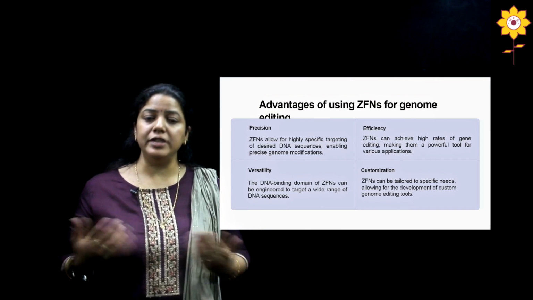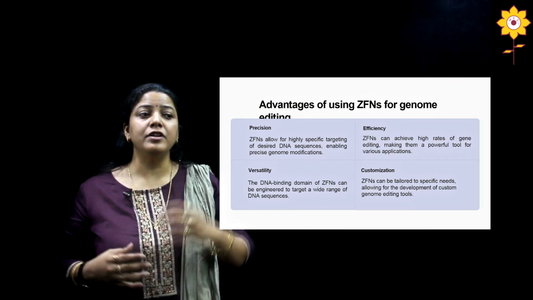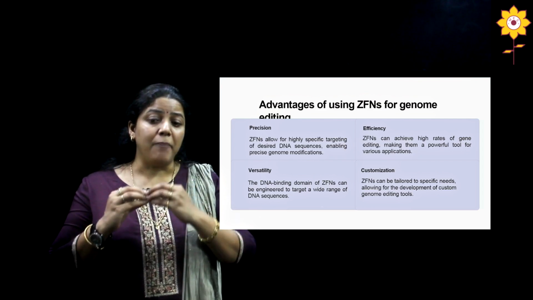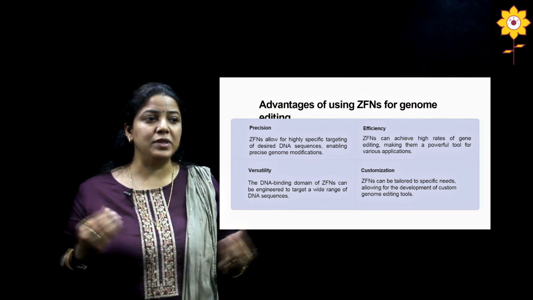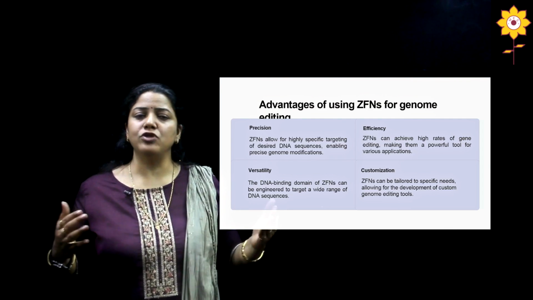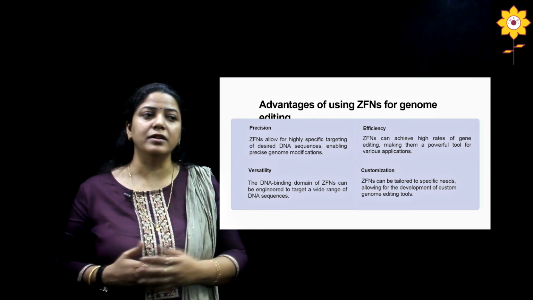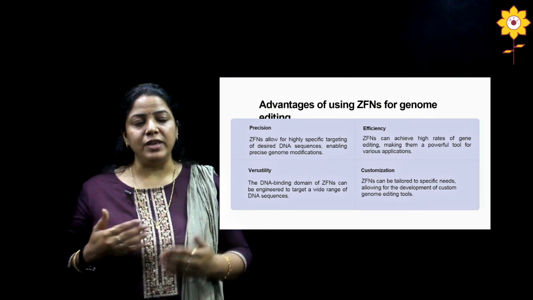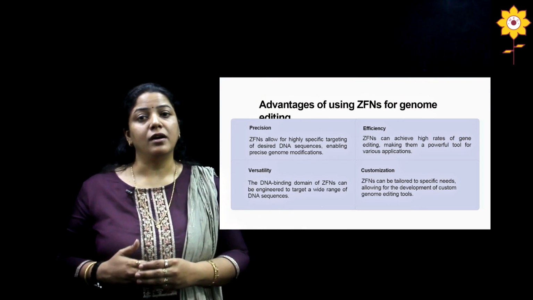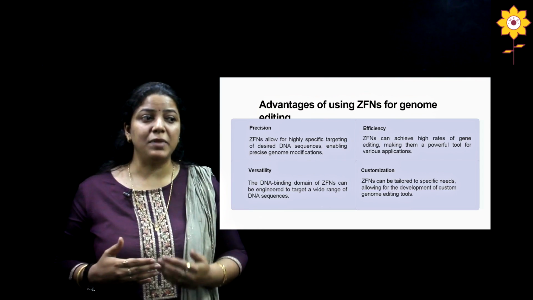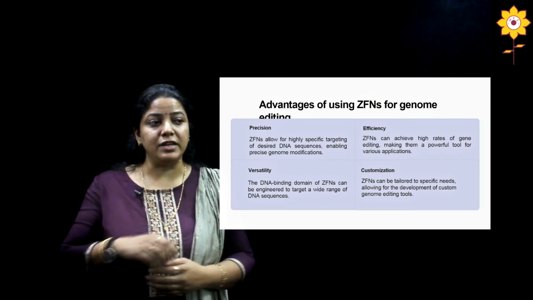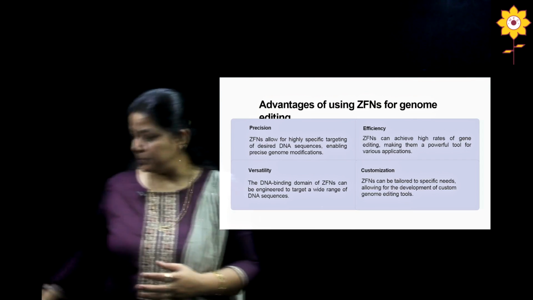Versatility: as we have already seen, different zinc fingers can help us bind to different types of sequences, so a wide range of DNA sequences can be targeted with the help of ZFNs. And customization: with different types of zinc fingers, we can customize and tailor them depending upon our requirements.